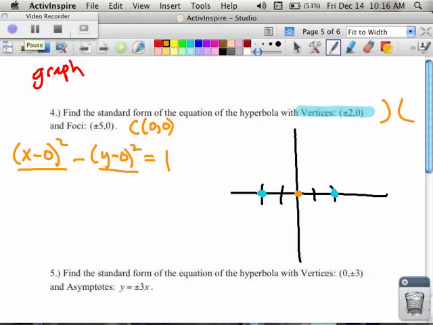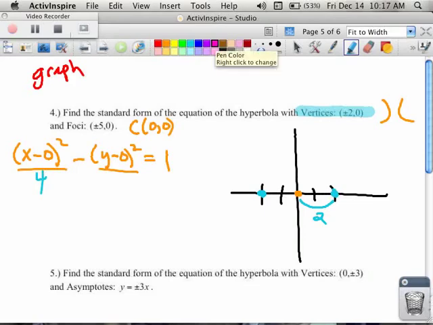There is one more piece of information that it gave me just with that small piece. This distance right here, from the center to the vertex, is 2 units. That tells me that underneath my x goes 4.